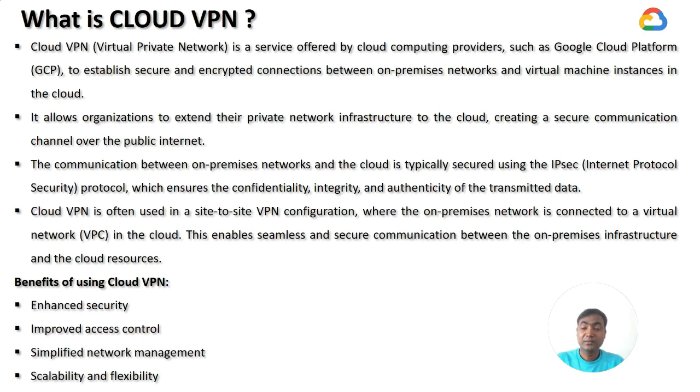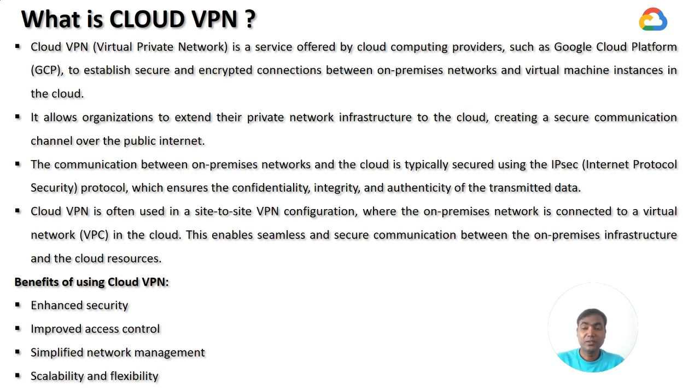You know guys, the IP protocol. The communication between on-premises network and the cloud is typically secured using IPsec, Internet Protocol security, which ensures confidentiality, integrity, and authenticity of the transmitted data.